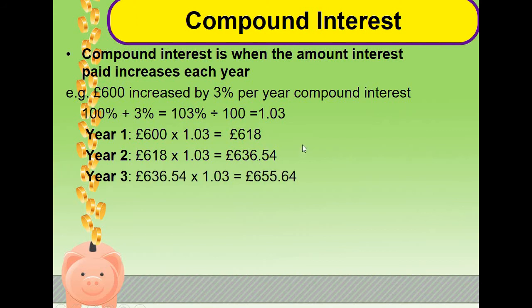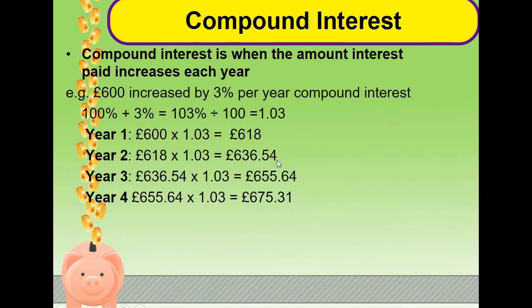And then in year 3, you multiply the amount you had at the end of year 2 by 1.03. And then at year 4, you multiply the amount you had at the end of year 3 by 1.03, and so on and so on. Okay, so you're always multiplying the new amount by the multiplier, by the increase, to work out the following year.